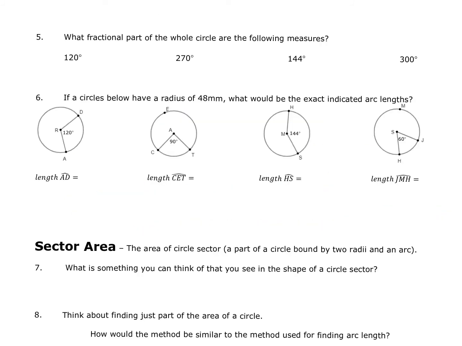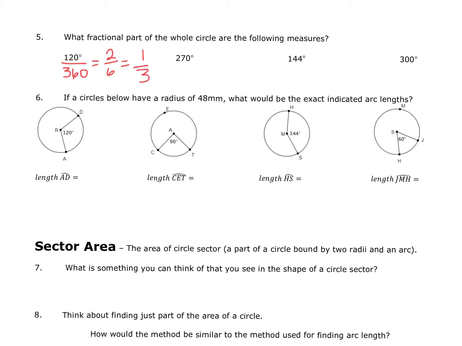Sometimes it's easy to reduce our fractions, and sometimes it's just as easy to leave it as the whole thing. So what fractional part of the whole circle are these following measures? Well, 120 is 120 out of 360, which reduces to 1/3.